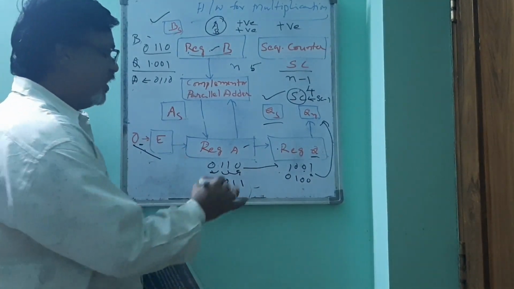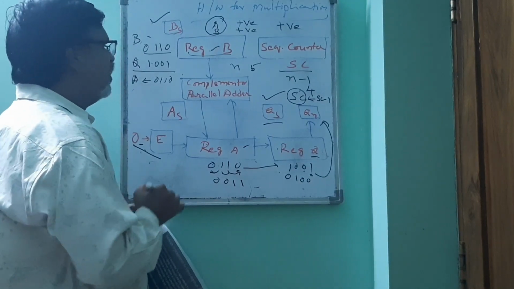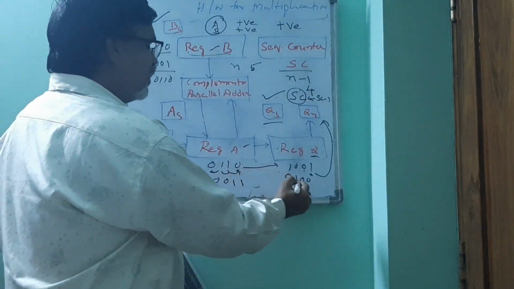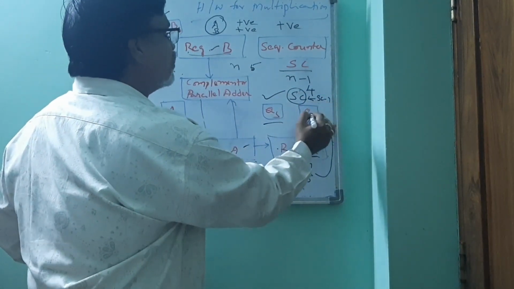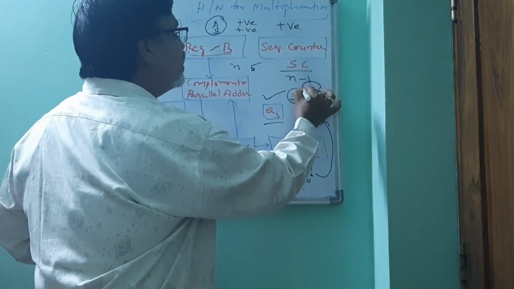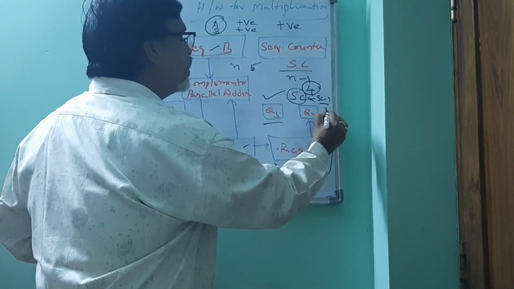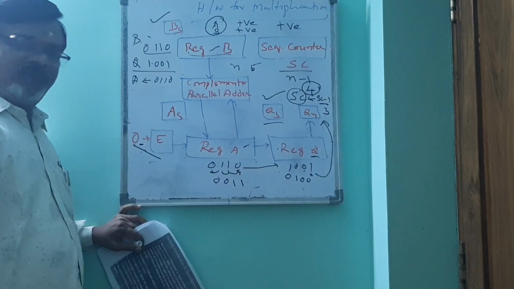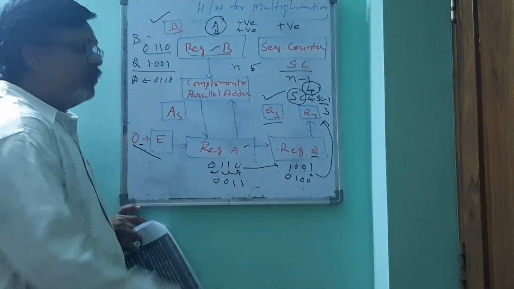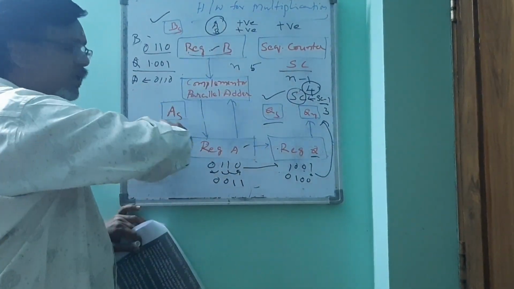Then the sequence counter will be reduced by 1. Initially it was 4, now it becomes 3. We will check the value of SC, whether it is 0 or not. If it is not 0, this will be performed again.